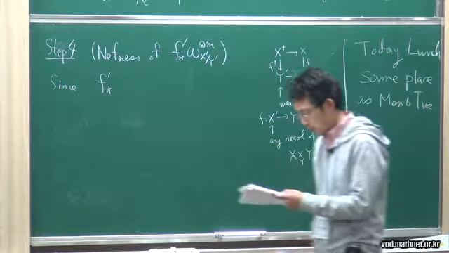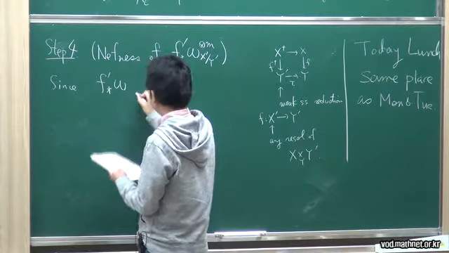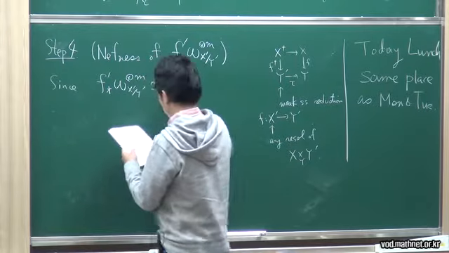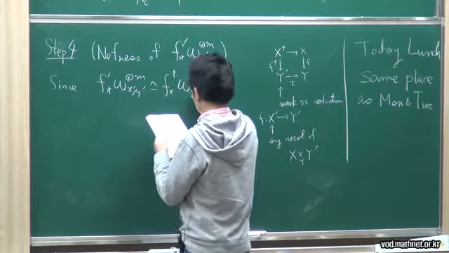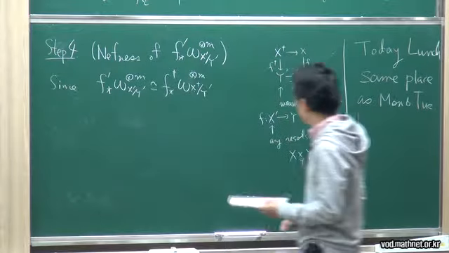So the push forward on X prime over Y prime is isomorphic to this one, ω_{X dagger/Y prime}^{⊗m}.